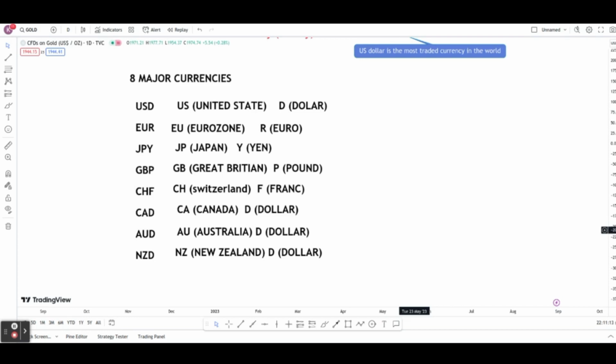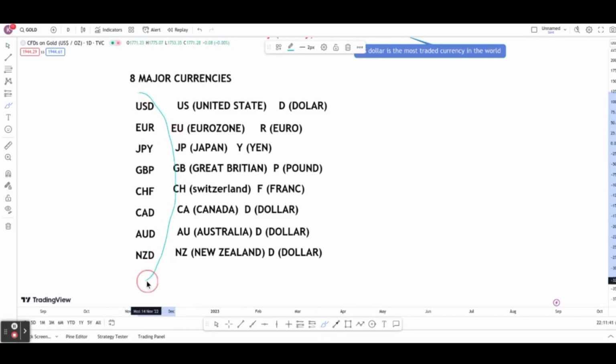When you become a professional after passing through this process, you can decide to go beyond these major currencies. But for now, your business is with these major currencies. You don't have to go beyond that. This is what can give you the money you need on time.